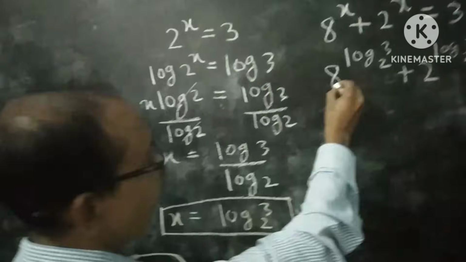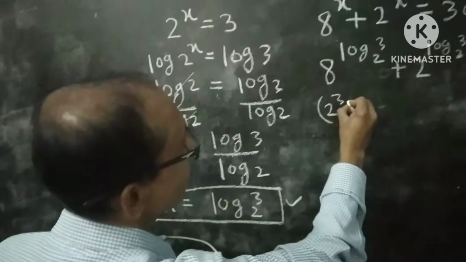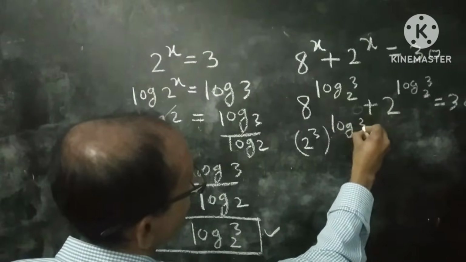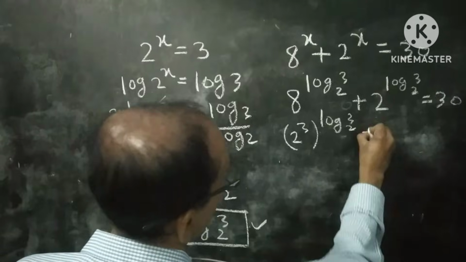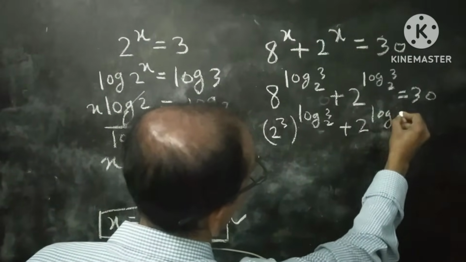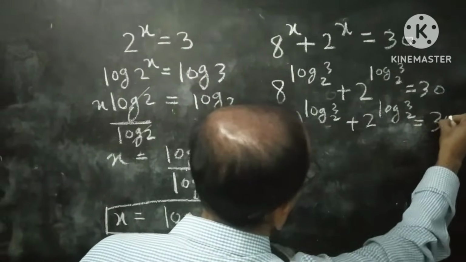We can write 8 as 2 to the power 3, so (2 to the power 3) to the power log 3 of base 2 plus 2 to the power log 3 of base 2 equal to 30.